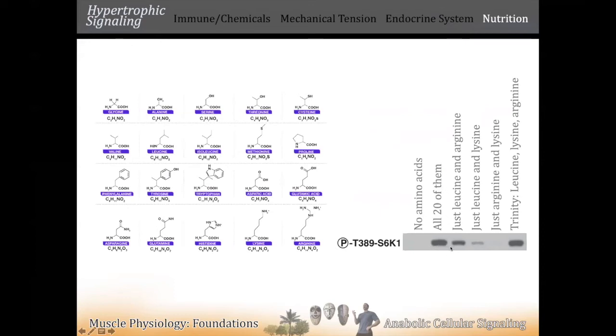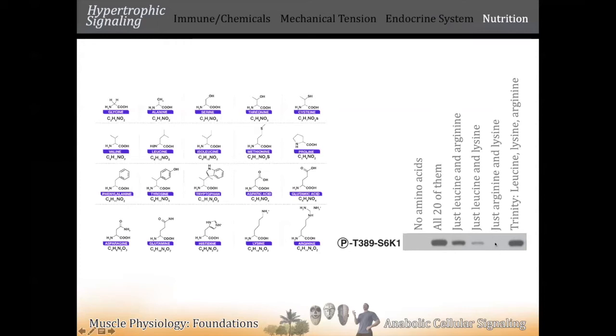And just leucine and arginine, that's not bad, right? That is not bad. If it is just leucine and just lysine, that's not very good. There's a little bit there. Just arginine and just lysine, there's like nothing going on.